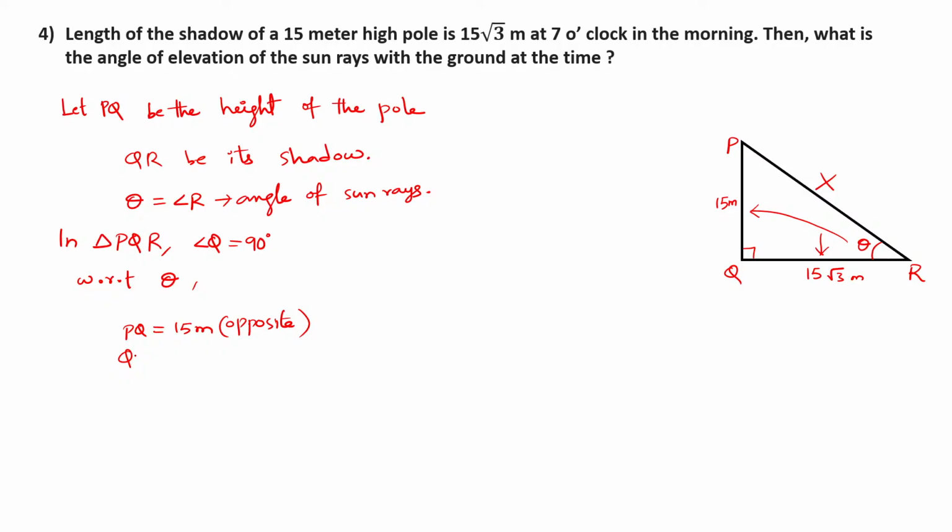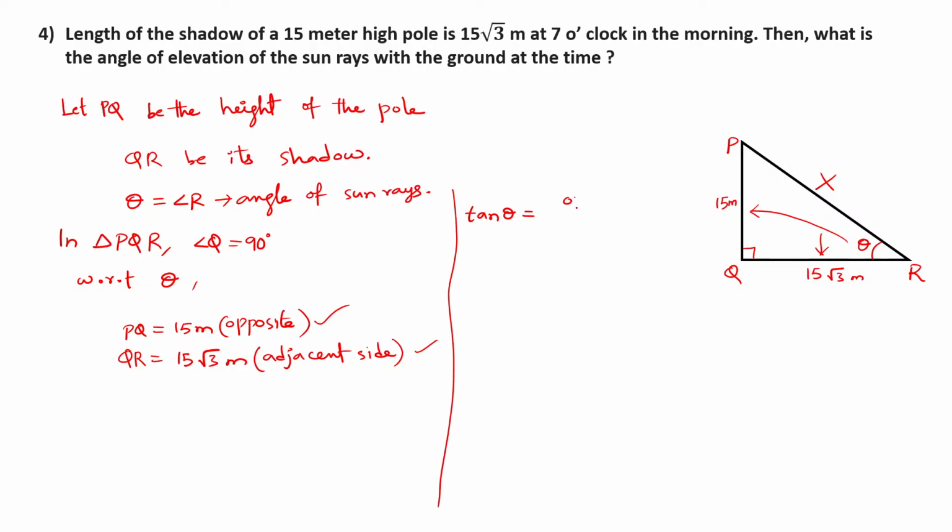And the length of shadow QR is 15 root 3 meters and it became the adjacent side. Now opposite versus adjacent, what trigonometric ratio do we have? It is nothing but the tan ratio. So tan theta is equal to opposite side by adjacent side.